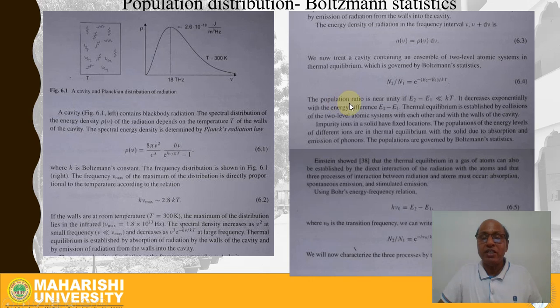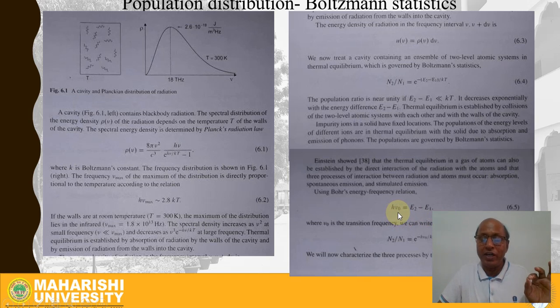So this population ratio n2 upon n1 is a function of the difference of energy between the two levels, right? And this we can easily correlate with Bohr's model, which gives you a value of h nu 0, because you can correlate it with E equal to h nu, so equal to E2 minus E1. And why do we call it nu 0?